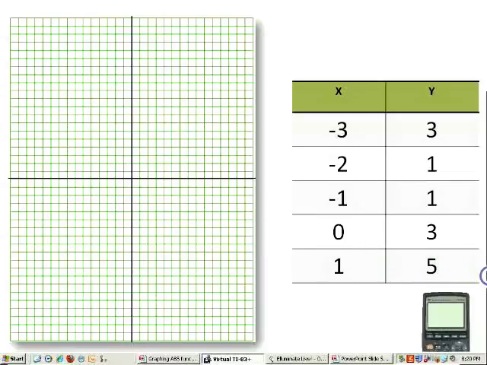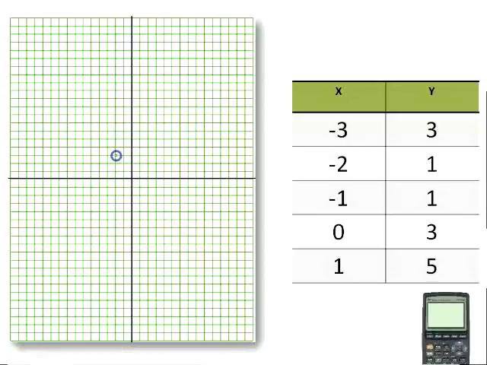Let me slide my calculator down out of the way here. And let me begin plotting my points. My first point is -3, +3. So that's right here.